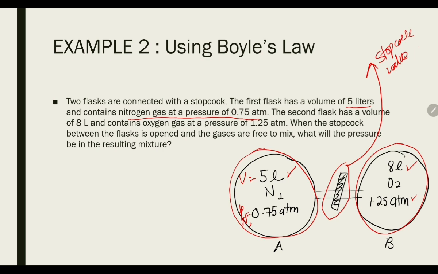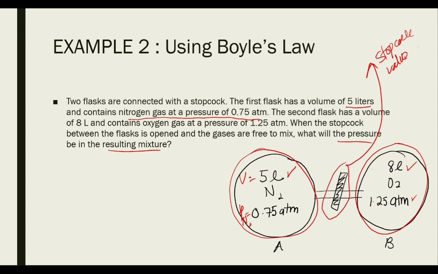When the stopcock between the flasks is opened and the gases are free to mix, what will the pressure be in the resulting mixture? That means you need to calculate the partial pressure of nitrogen after mixing and the partial pressure of oxygen after mixing, and the question wants the final pressure.